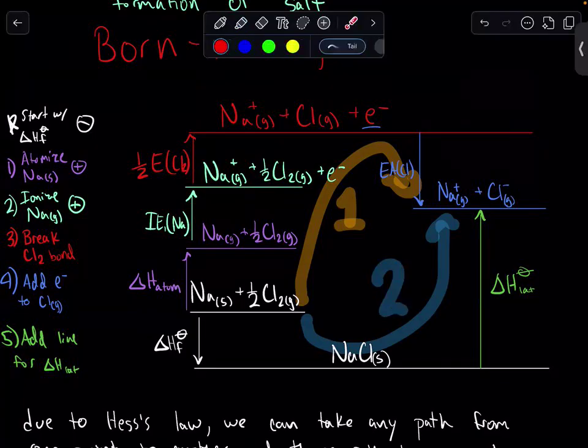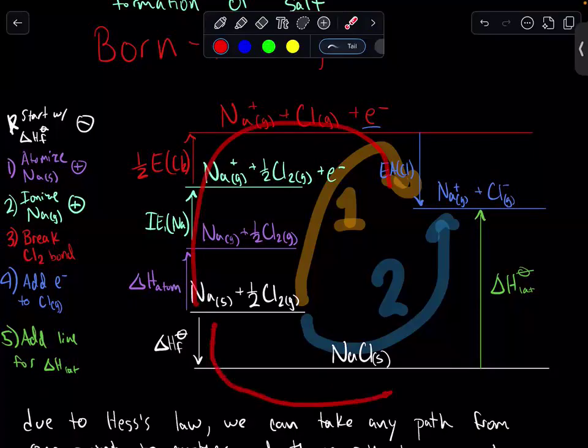I'm choosing these for two reasons. One, we are starting from our actual starting point of the enthalpy of formation, and we're ending at what the atoms must actually be before they become sodium chloride. The other way is I'm following arrows in the direction they want to go. You'll notice that both ways I'm never going against an arrow. I'll tell you why this is important in just a moment.